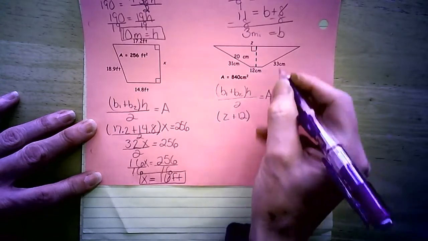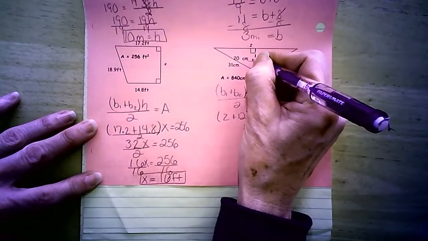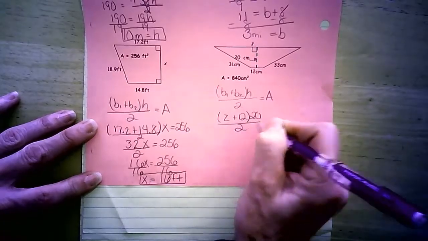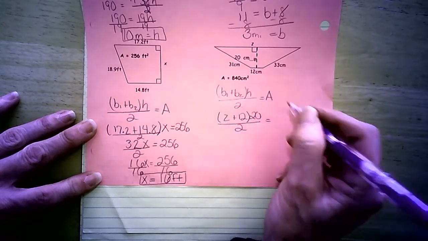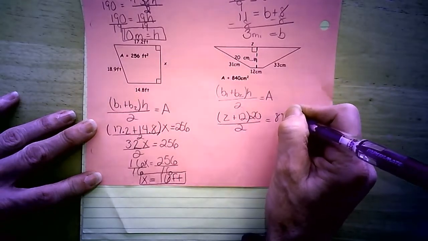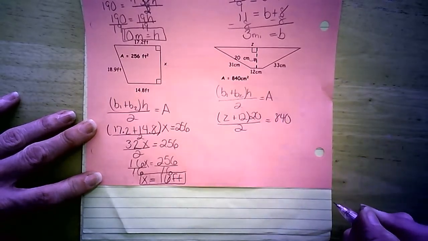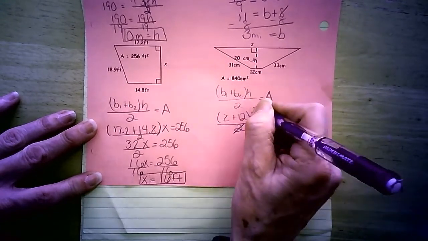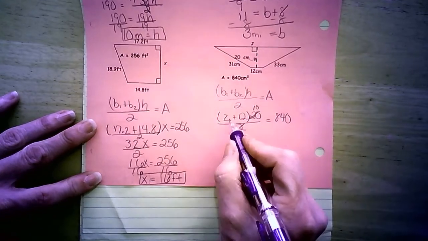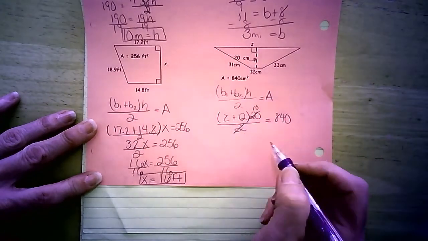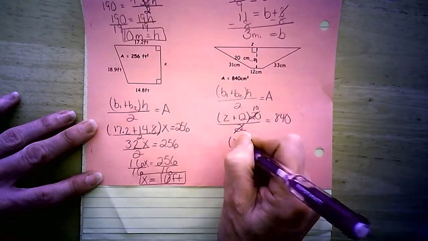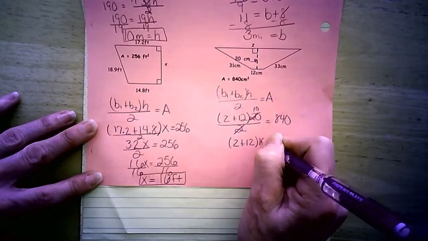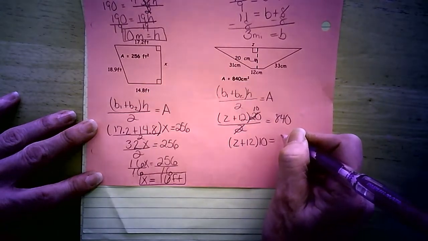My height, this is my height right here, is 20, and I'm going to divide by 2, and that's going to equal the area, which is 840 square centimeters. I can see right away I can simplify, and I've got z plus 12 times 10. So z plus 12 in parentheses times 10 equals 840.